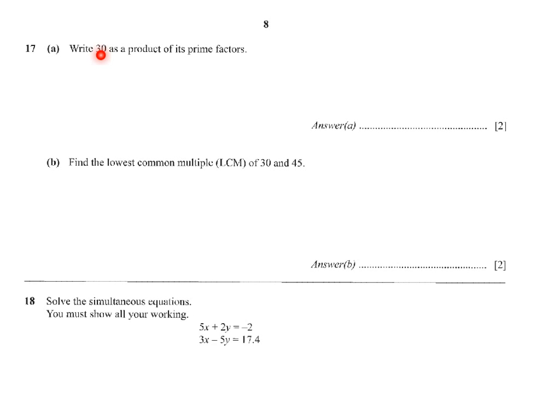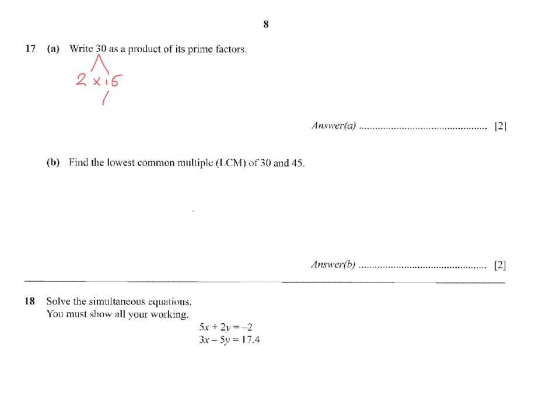And I have to write 30 as a product of its prime factors. Now, what do they mean with that exactly? I am going to, first of all, divide it by the lowest prime, which is 2, because 30 is the same as 2 times 15.